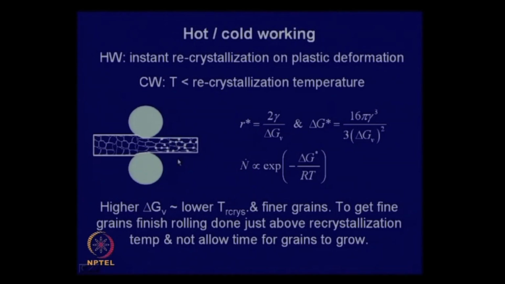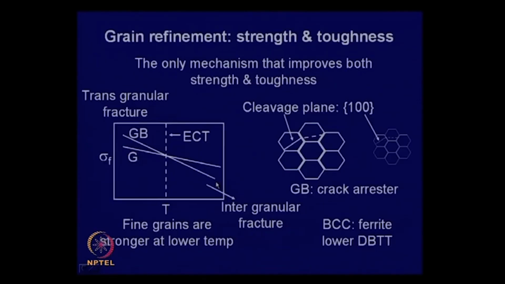It will undergo subsequent transformation, and in fact, the factor that determines the ultimate property will be the ferrite grain size. And we will see now, before we go into that, how do you control the ferrite grain size?